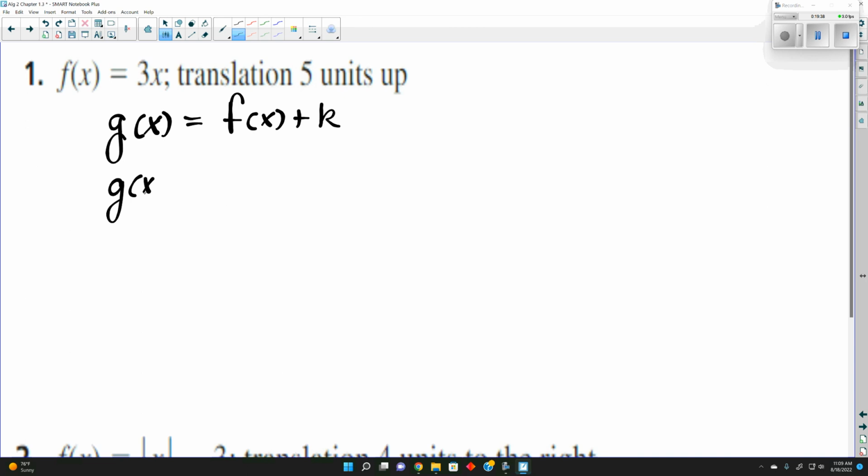It's a cursive lower k. Now, k in this problem is going to be what? Would it be positive or negative? Positive, because we're going up.